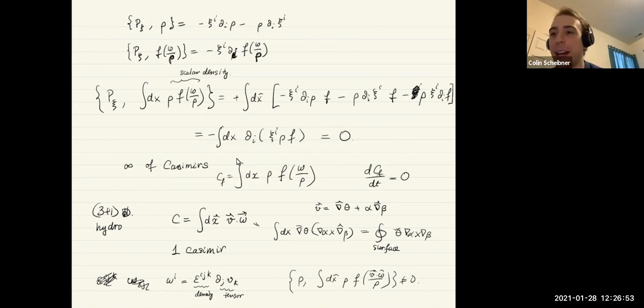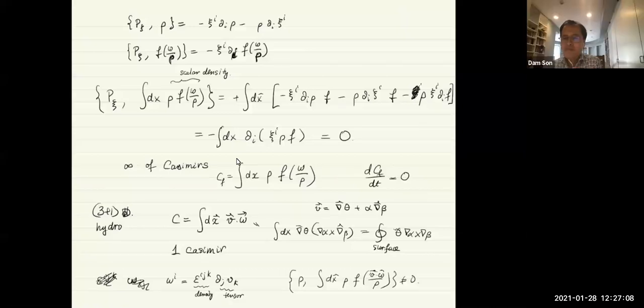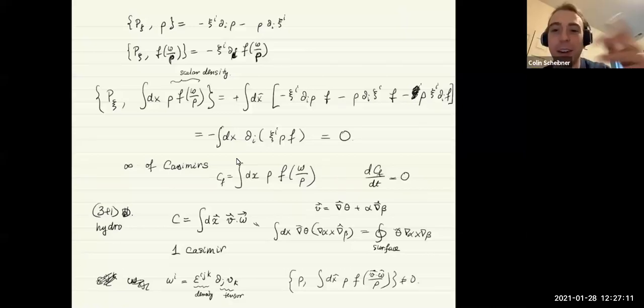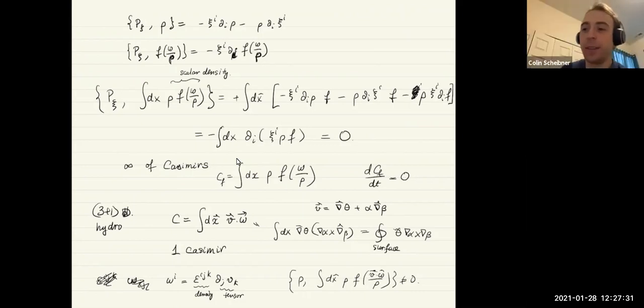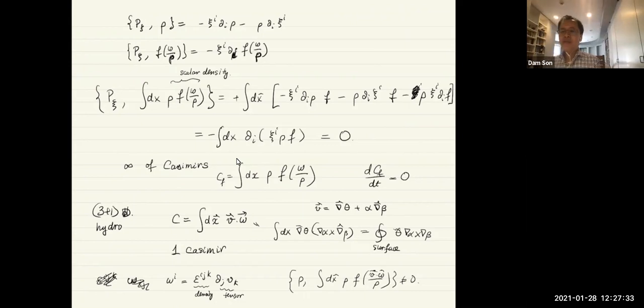And then I had a bit of a philosophical question. I'm not even sure if there's a sharp answer to it, but from the outset of how we construct the hydrodynamic theory, the mantra was, all right, let's find all the conserved quantities and then associate with those densities and currents and stuff. But here we're finding there's actually a lot more conserved quantities. So did we miss those at the beginning, or are they in some way not independent from the ones that we identify when we construct the hydrodynamic theory? So these are in some sense emergent and approximate conserved quantities.